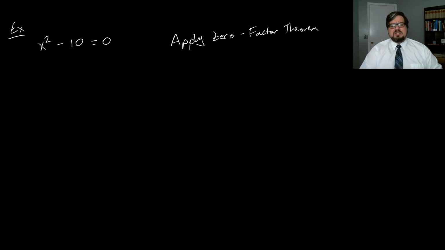Now, you might object and say, well, x squared is a perfect square, but 10 isn't. Well, I grant you that 10 is not a square number, but it is the square of some real number. In fact, 10 is equal to the square root of 10 squared, basically by the definition of the square root of 10.